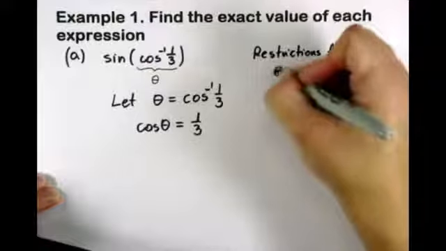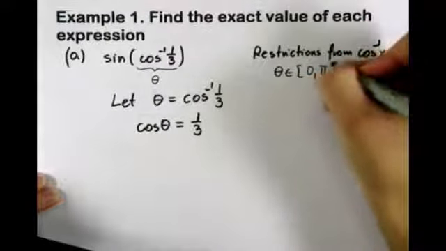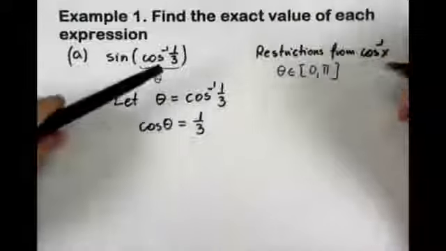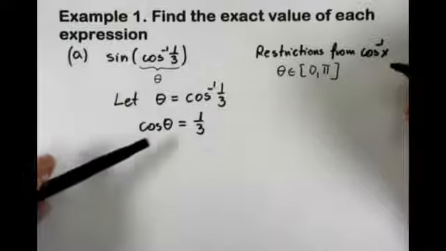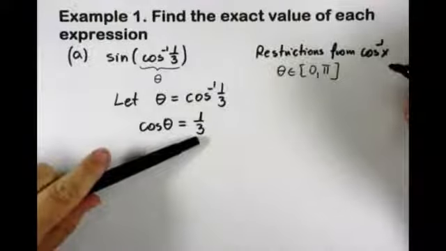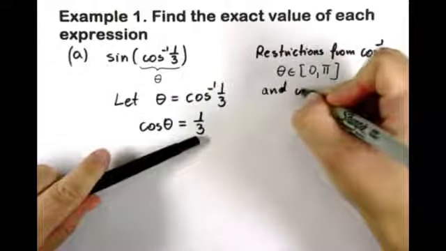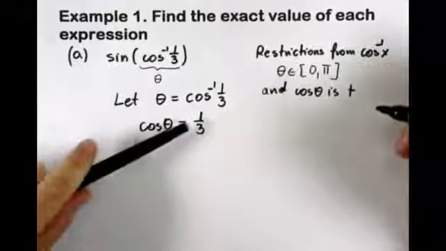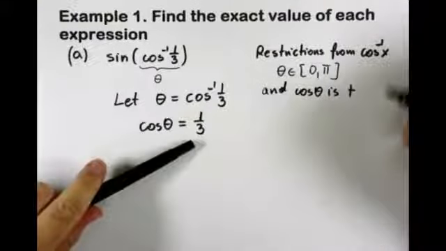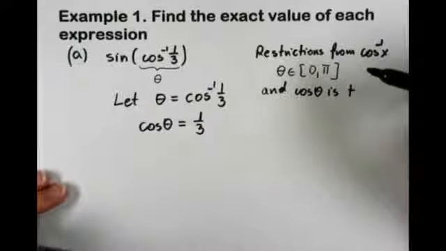So we have that theta belongs to 0 up to pi in order that the cos inverse exists. Okay? And now we have that cos theta is positive because we have cos theta is 1/3. So those are the two restrictions, and we need to figure out the quadrant from that.